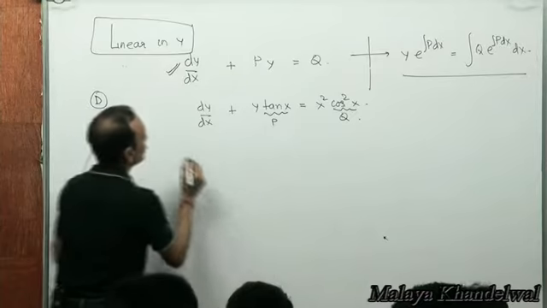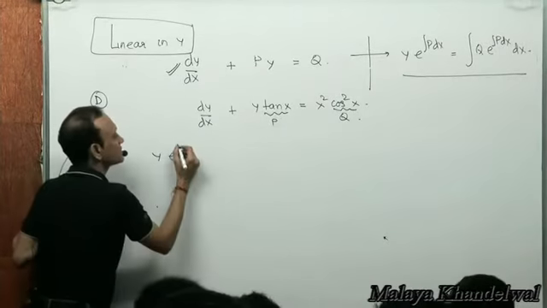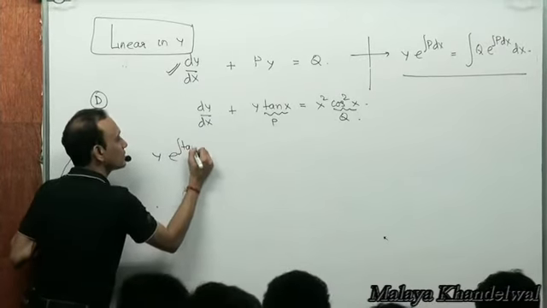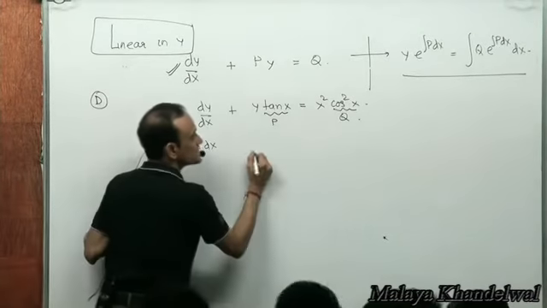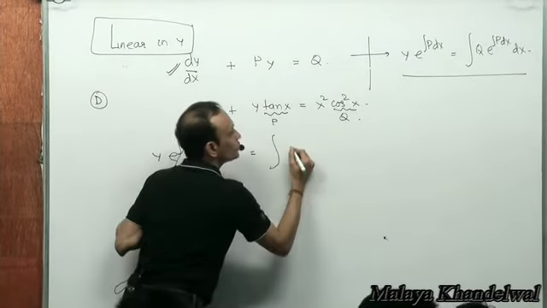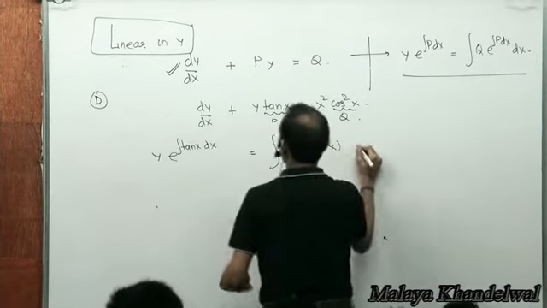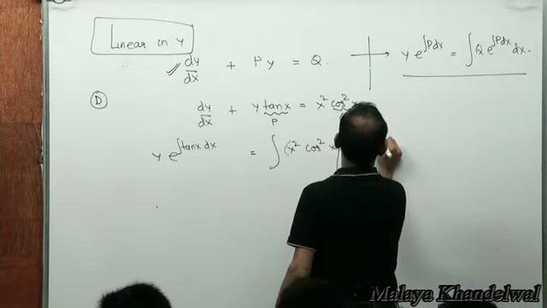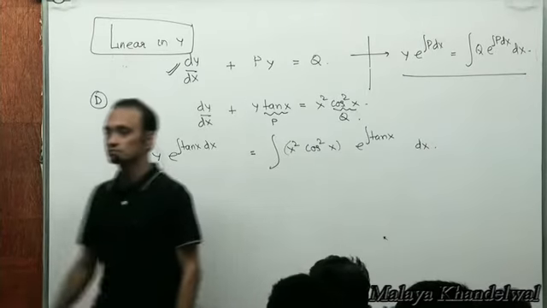So first of all, y e^(∫tan x dx) equals q, which is x² cos² x e^(∫tan x dx). Yes or no?